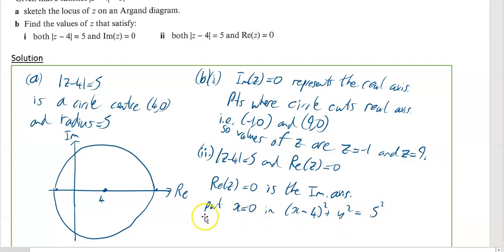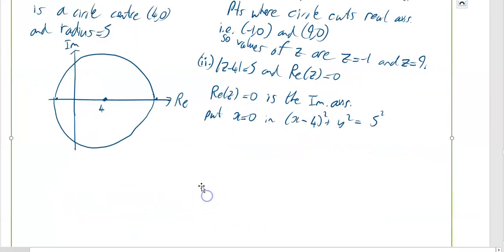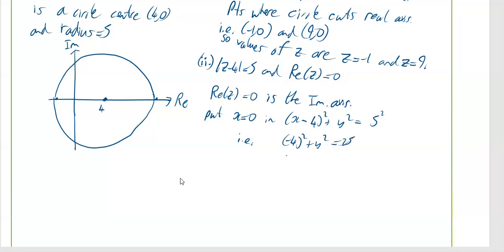So we're going to put x equals 0 into this and see what we get. That's going to give you minus 4 squared plus y squared is equal to 25. So 16 plus y squared is equal to 25. y squared is going to be equal to 25 minus 16, which is 9. So y is equal to plus or minus 3.